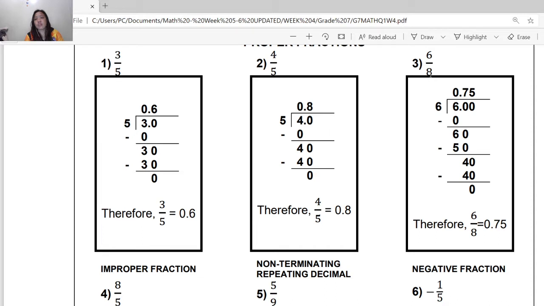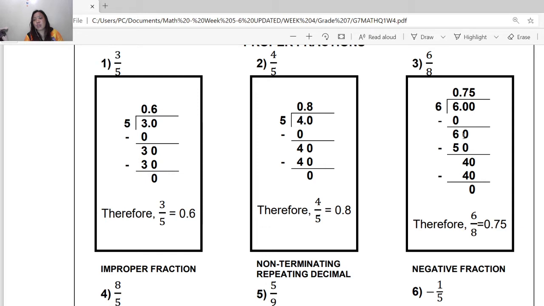Number 3, 6 divided by 8. Your divisor is 8. Okay, correction, this must be 8. 6 divided by 8 cannot be done, so that's why we have 0. 0 times 8 is 0. Then minus, you still have 6. And add a decimal point, the same as in the quotient. Then add 0 and bring down 0.